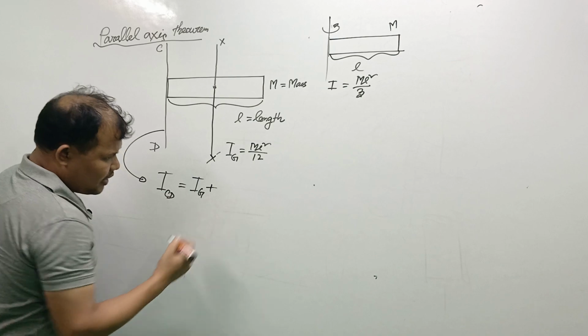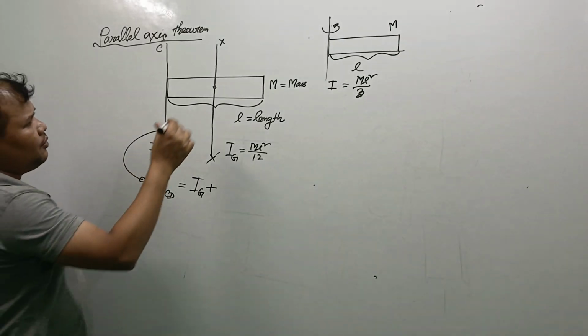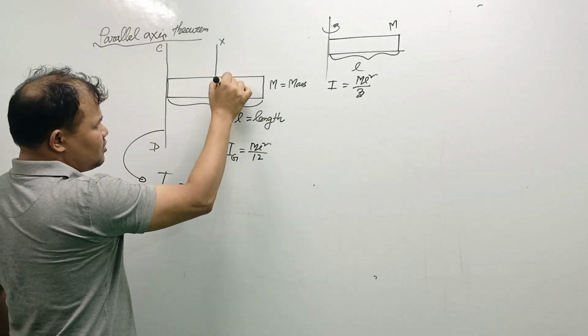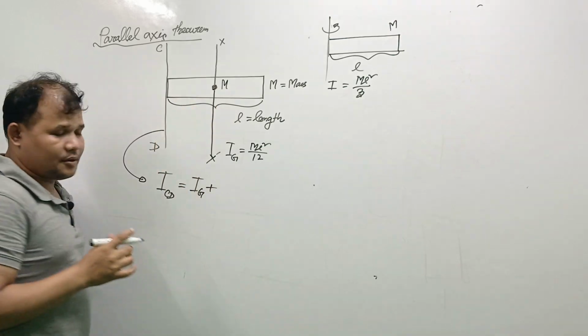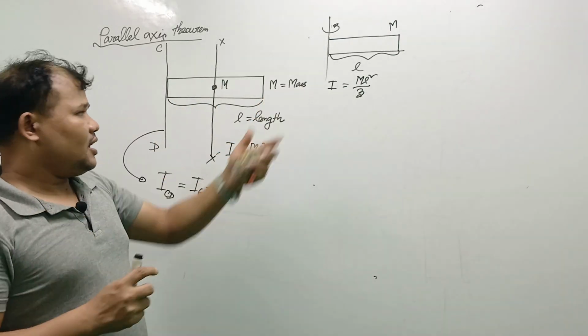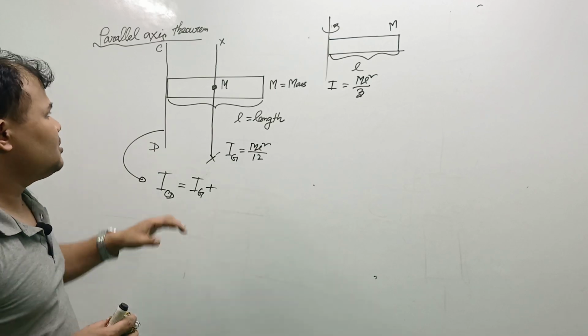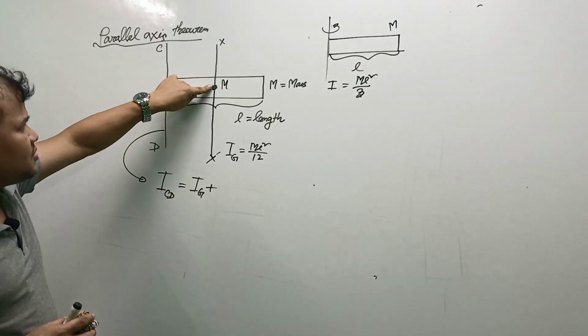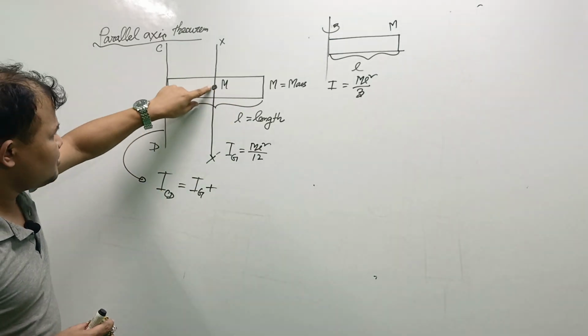Then we write a plus sign, and we know all the mass of the object is concentrated at the center of gravity. Suppose the total mass of the uniform rod is m and this mass is concentrated at the center of gravity. We consider total mass m concentrated here.